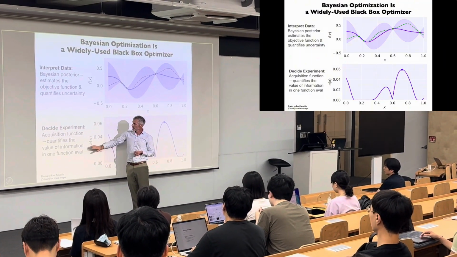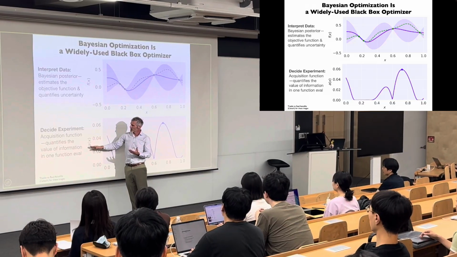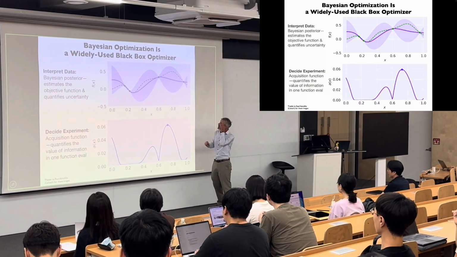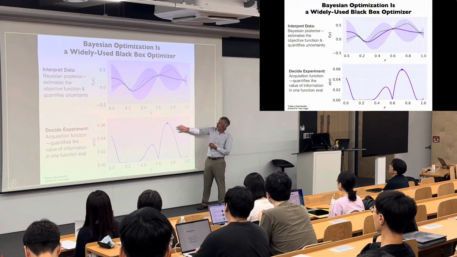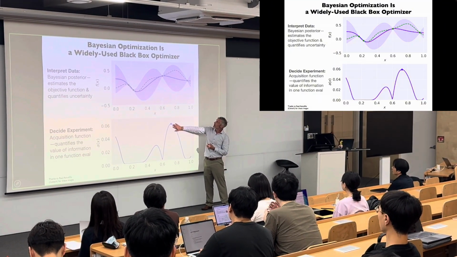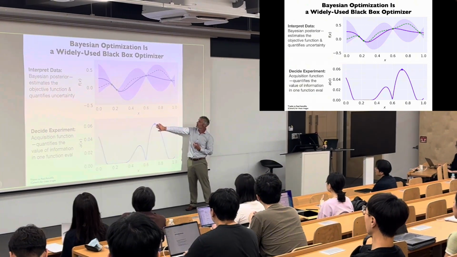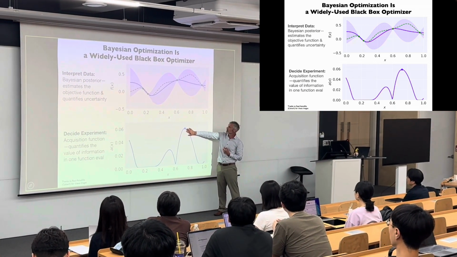Okay? So, and I'll describe in a little more detail in a bit how this function is computed, but you can see that it tends to be large at places where the blue line is large, so the estimate is large, and also at places where the uncertainty is large.